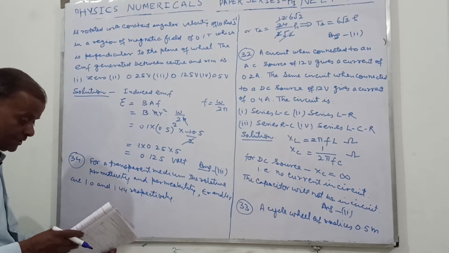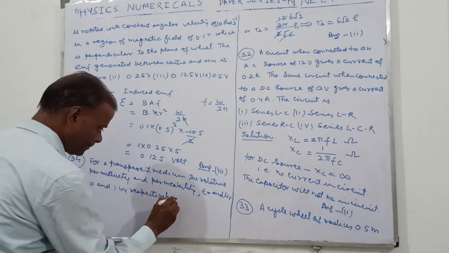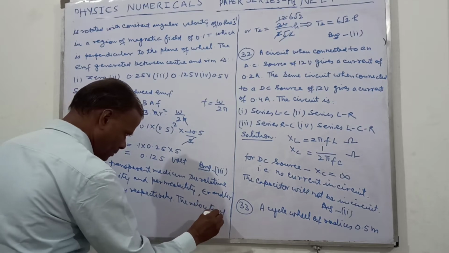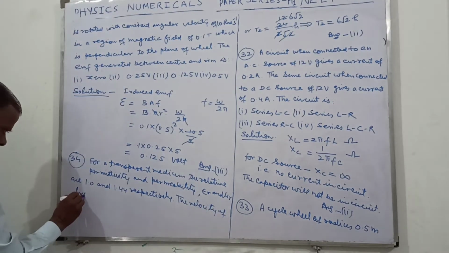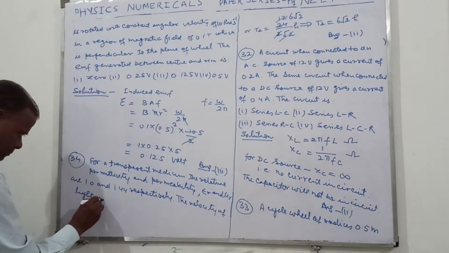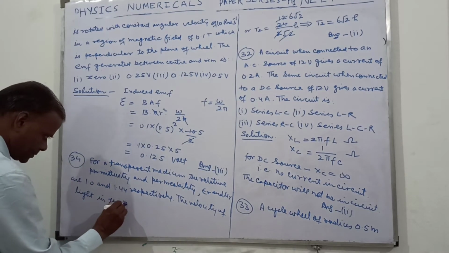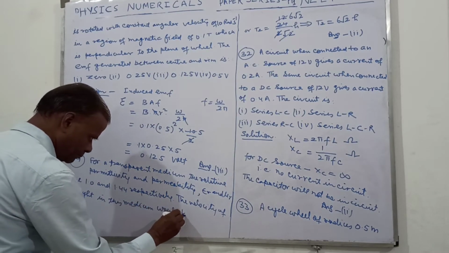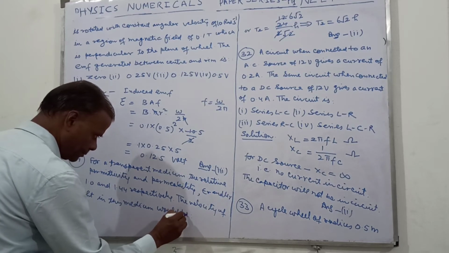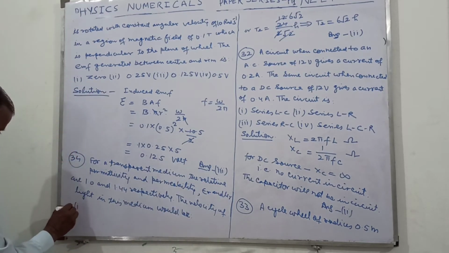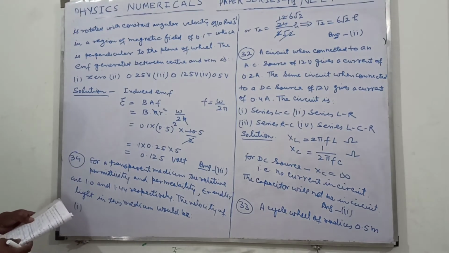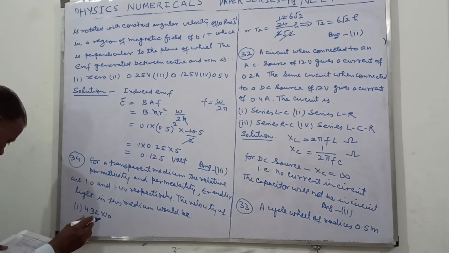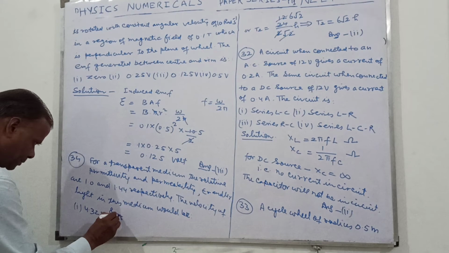The velocity of light in this medium would be. Now first option is 4 into 10 raised to the power 8 meter per second.